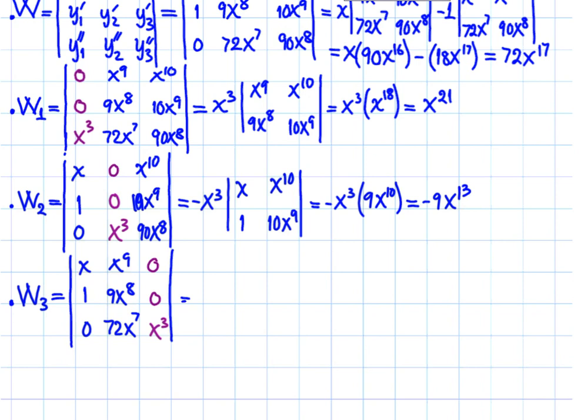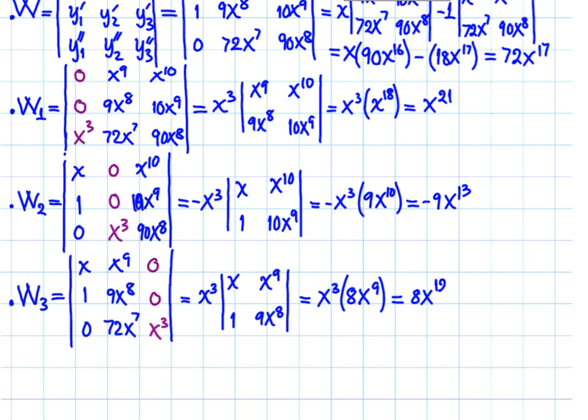And the sign chart will correspond to a plus sign, so it will be x cubed. And the submatrix x and 1, x to the 9, 9x to the 8. And if we do that, we have x cubed, 9x to the 9 minus x to the 9 is 8x to the 9 power. Multiply, we have 8x to the 12 power. So we found the Wronskian: W, W1, W2, and W3.